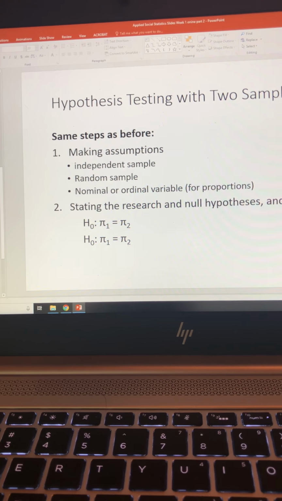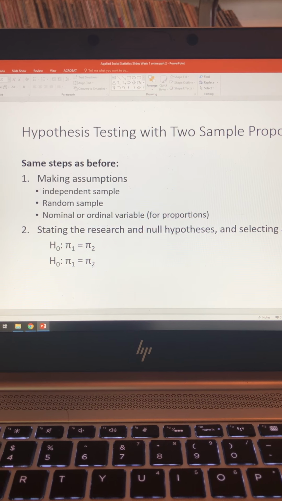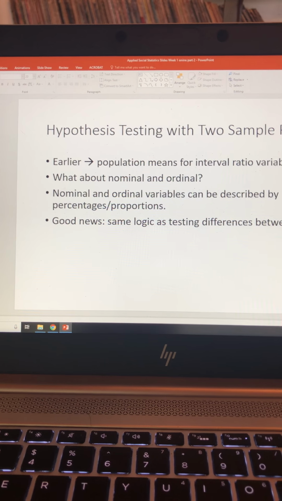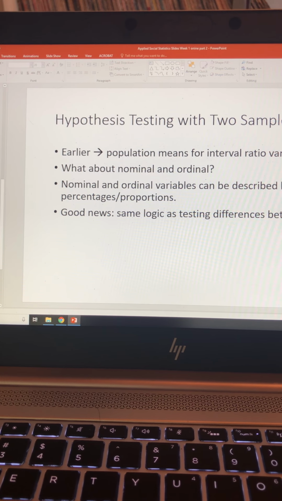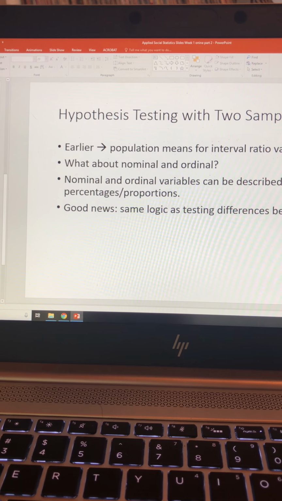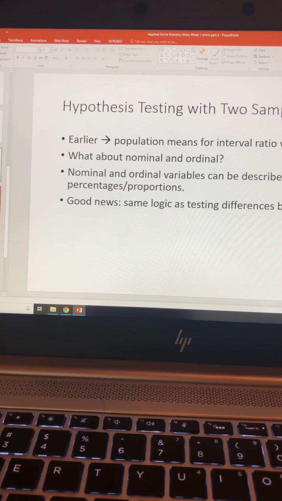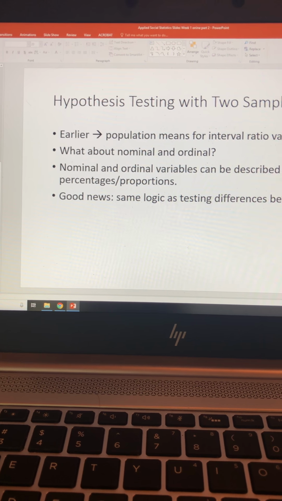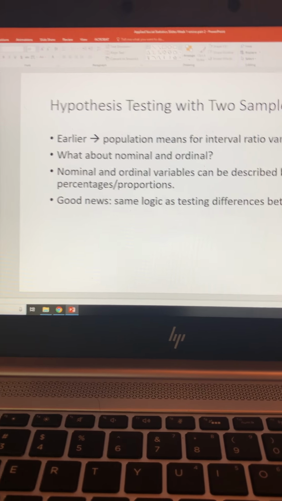Okay. So, hypothesis testing. Again, we have to make the same assumptions. Oh, I'm sorry, one thing I will say, just to differentiate what we're doing: when we compared the sample mean to the population mean, only interval ratio level variables. When we compared two group means, only interval ratio variables. Why? Because we only calculate means for interval ratio variables. Here's your stuff with nominal and ordinal variables.